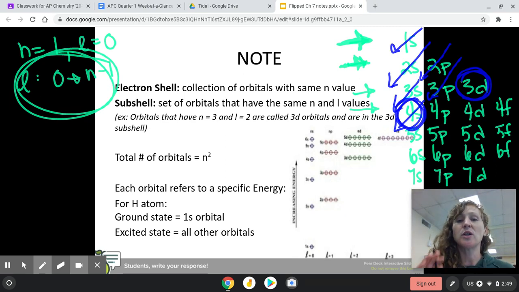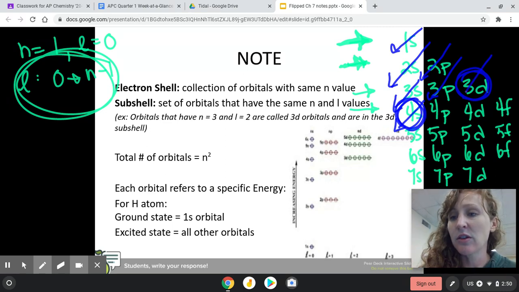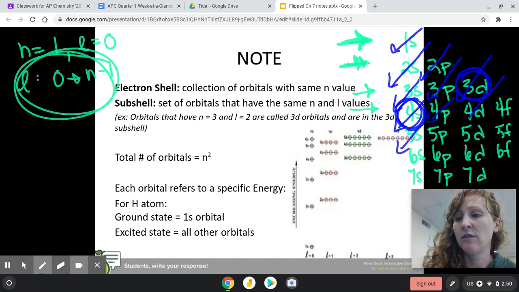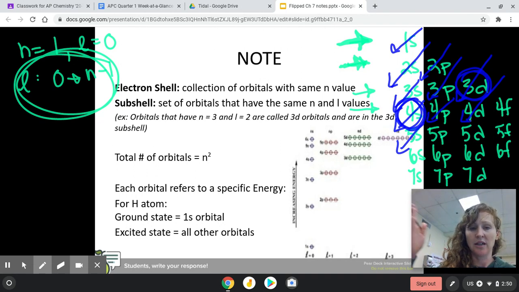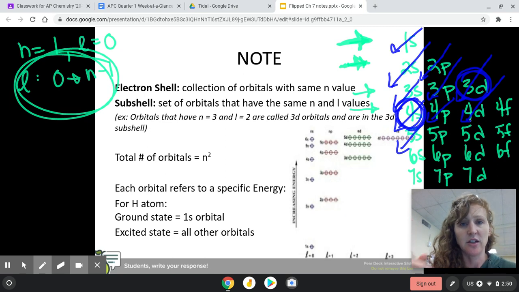So that's why you need some trick to memorize or figure out the order that these orbitals fill in, because it's not as straightforward as you might think because of the interference patterns with all of these electrons being forced into the same little area. So 4s will fill, then 3d, then 4p, 5s, 4d, and it just kind of goes on and on and on. But as long as you follow that diagonal line, you're going to be able to predict the order of filling.